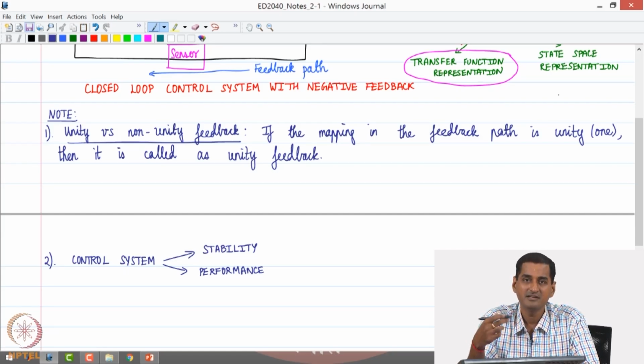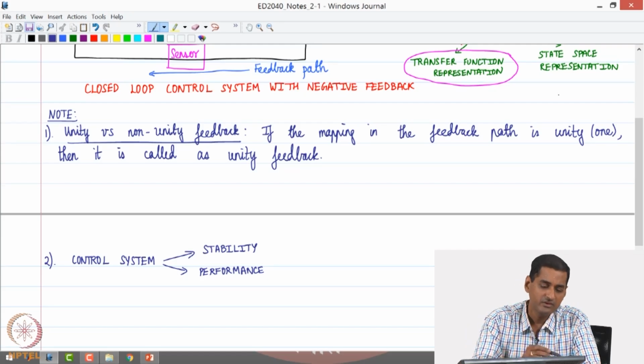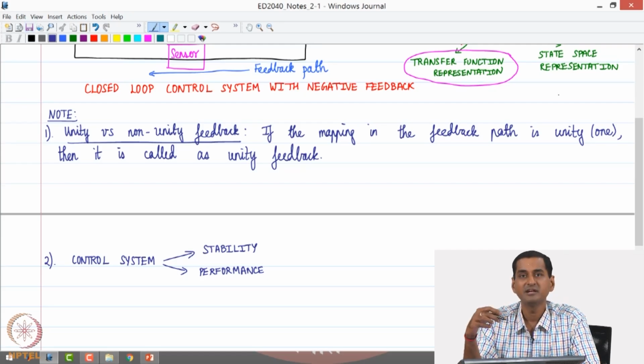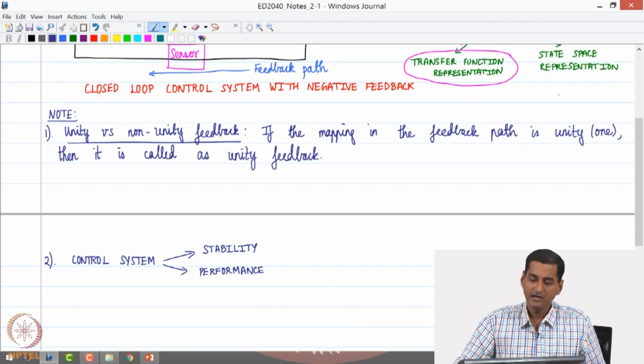Then we essentially look at their performance characteristics, then we try to design controllers so that their performance could be improved. So, we are going to carefully define stability and performance, and also identify quantities and parameters that would essentially be utilized in quantifying performance characteristics. Okay. So, that is something which we are going to do later.